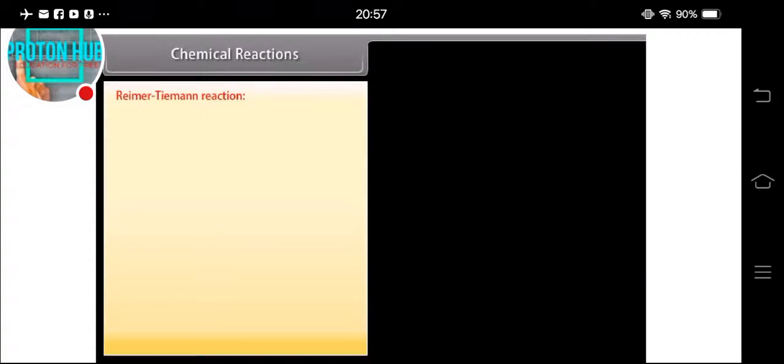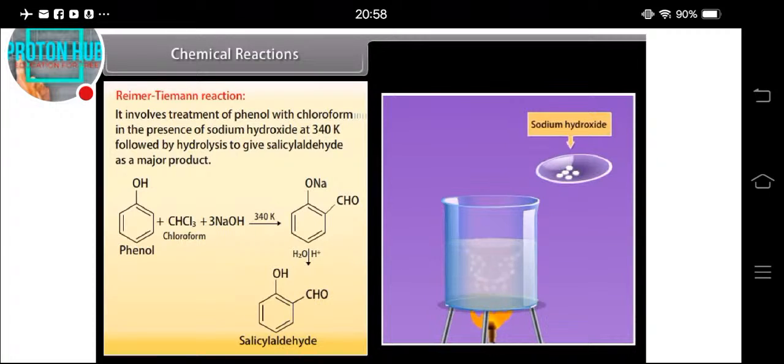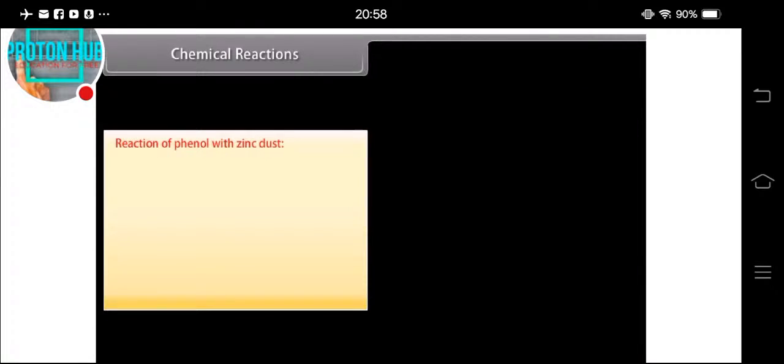Reimer-Tiemann reaction. It involves treatment of phenol with chloroform in the presence of sodium hydroxide at 340 Kelvin, followed by hydrolysis to give salicylaldehyde as a major product. Reaction of phenol with zinc dust.